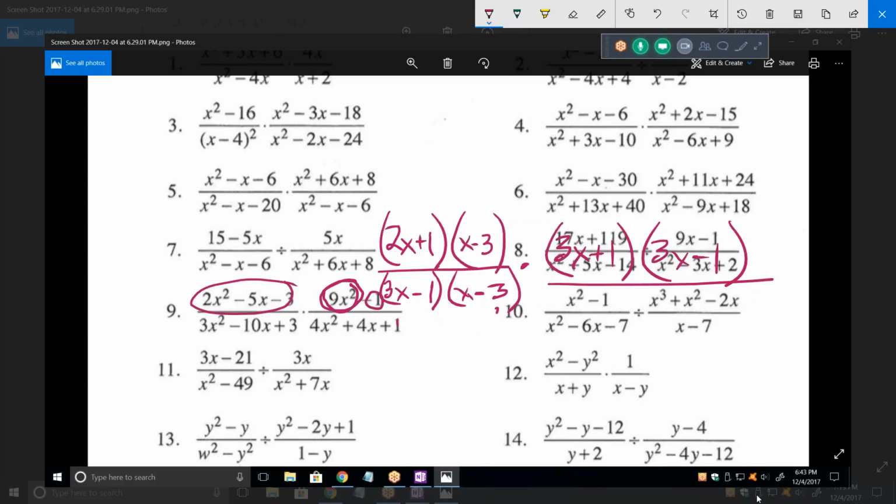Now, how about this bottom here? There's a second degree. And it's a little tougher because there's more than one set of factors for 4. So this is definitely going to be tougher than that one. There's going to be more possibilities. What did we start with? 2 and 2 or 4 and 1? 2 and 2.